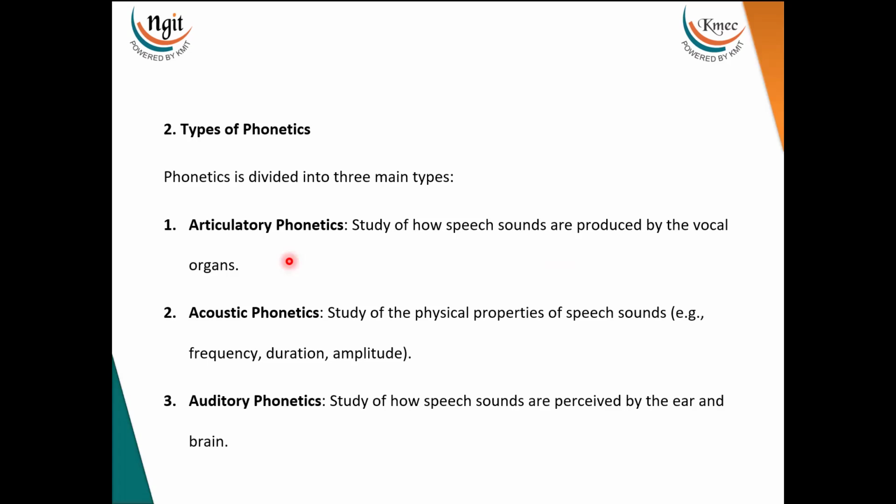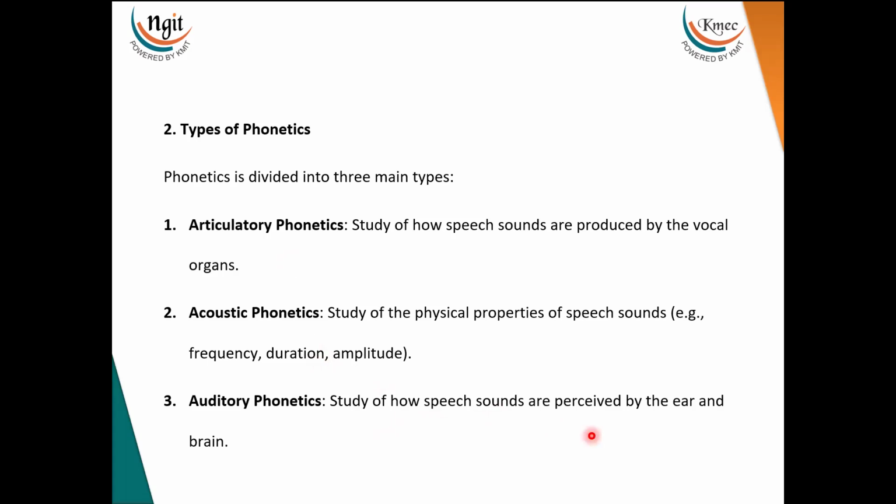Coming to acoustic phonetics, it studies the physical properties of speech sounds. For instance, the vowel A reveals its specific pitch and duration. And auditory phonetics is the study of how speech sounds are perceived by the ear and brain.